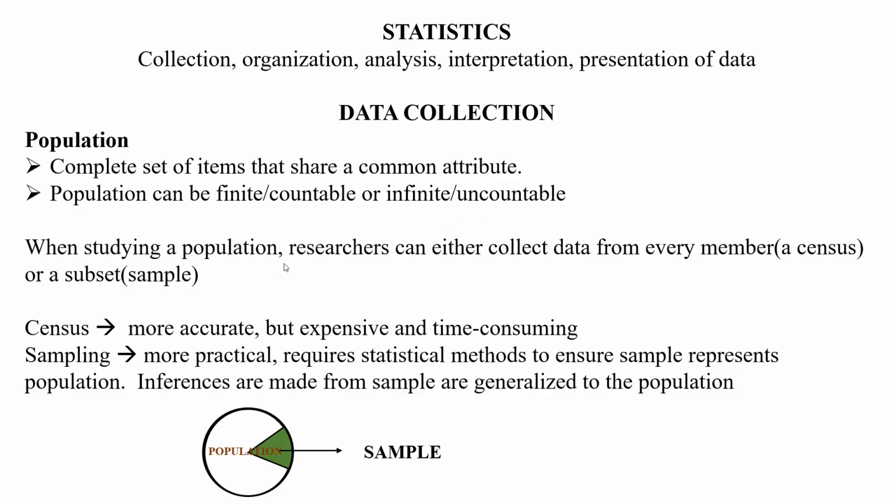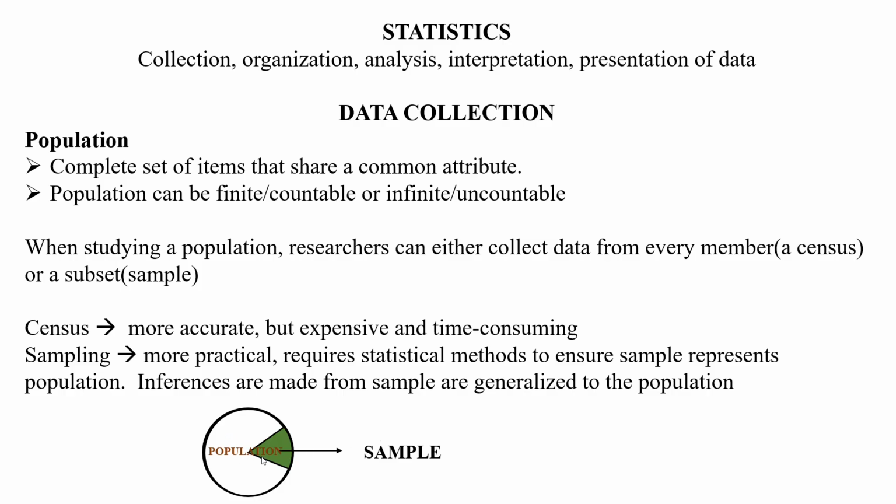So when you're studying a population, researchers can either collect data from every member or a subset. Collecting data from every member is expensive and time consuming, but it is accurate as well. So it is called census. Or we can just take a few samples from the population and then make inferences.